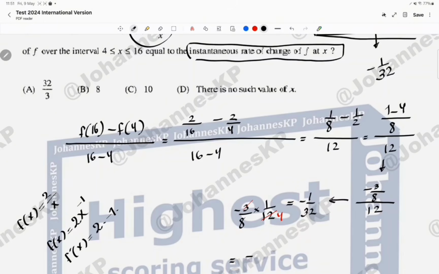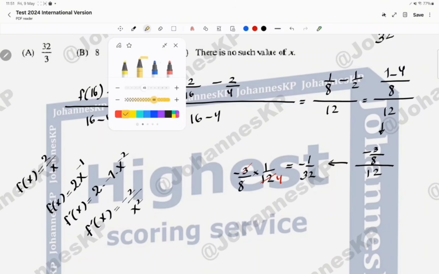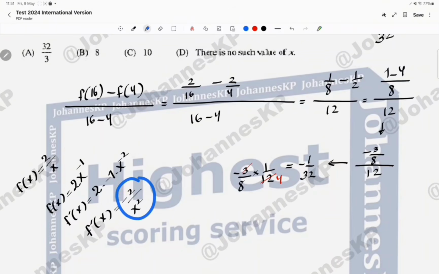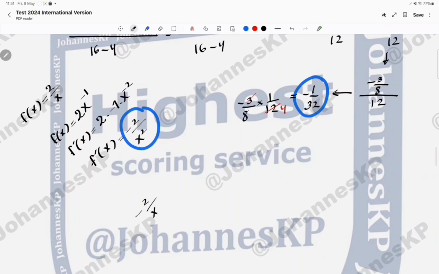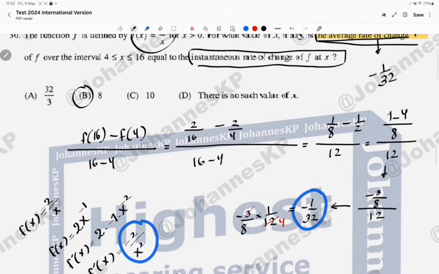So 2 times negative 1, x to the minus 2. So minus 2 over x squared. You will equalize that to negative 1 over 32. So x squared is equal to 64. X is equal to 8. So it's B.